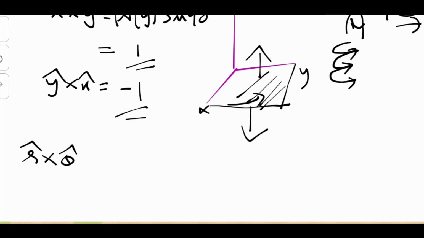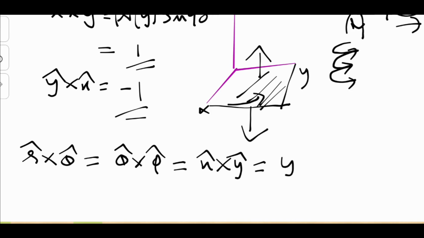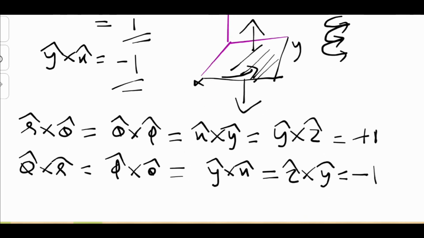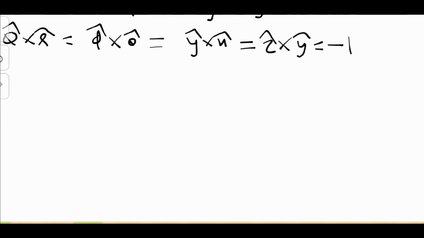So r cross theta must be equal to theta cross phi, that must be equal to x cross y, that must be equal to y cross z, that must be equal to positive 1, whereas theta cross r must be equal to phi cross theta, that must be equal to y cross x, that must be equal to z cross y, must be equal to -1, right? So we can use a simple rule to understand all this.